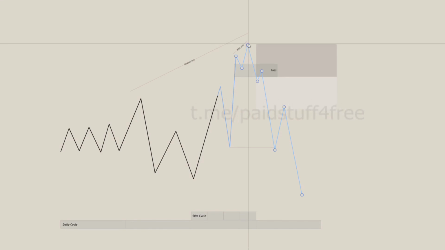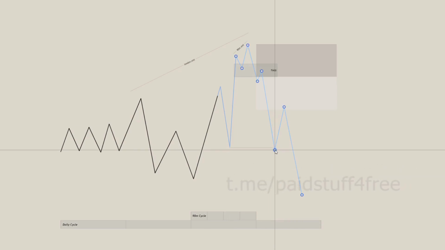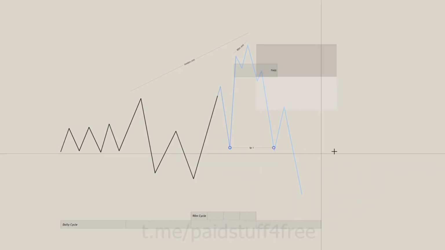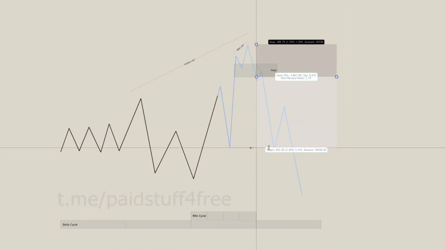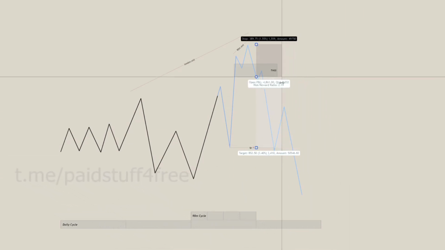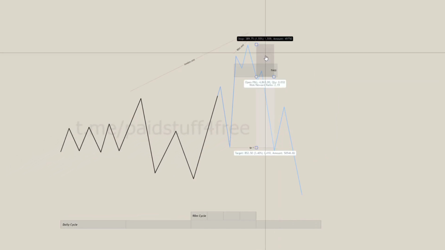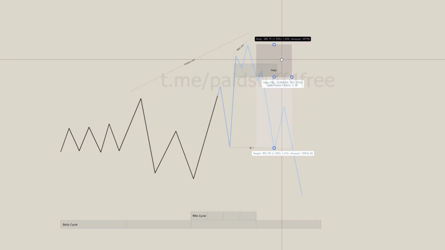When you're entering, you're going to be targeting Q3 low. That's going to be your first take profit, TP1. Once you hit take profit 1, you're going to move your stops to break even from that point on, right? Just make this a little clearer here.